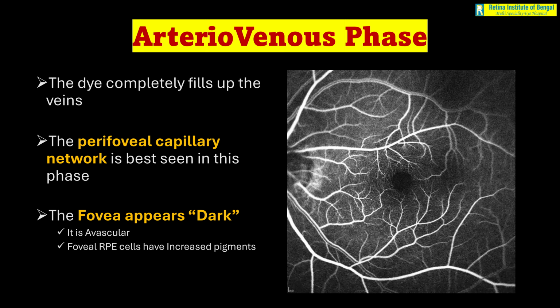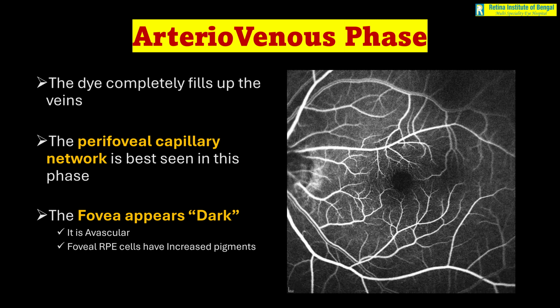This can be affected in various vascular diseases including diabetes, and any capillary dropout or distortion of the foveal capillary network can have a significant effect on vision. So the arteriovenous phase is the best time where you can assess whether the perifoveal capillary plexus is healthy or not.